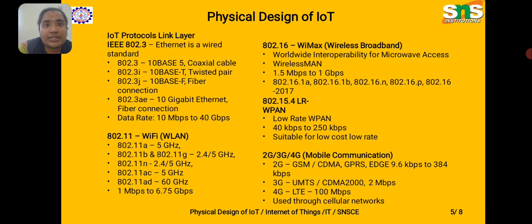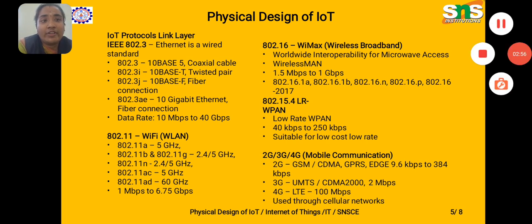In the IoT protocol link layers, IEEE 802.3 Ethernet is a wired standard. 802.3 consists of 10Base5, 802.3i consists of 10Base-T twisted pair, and 802.3j consists of 10Base-F fiber. 802.3ae, 10 Gigabit Ethernet, uses a fiber connector, with data rates from 10 Mbps to 40 Mbps. 802.11 is Wi-Fi.